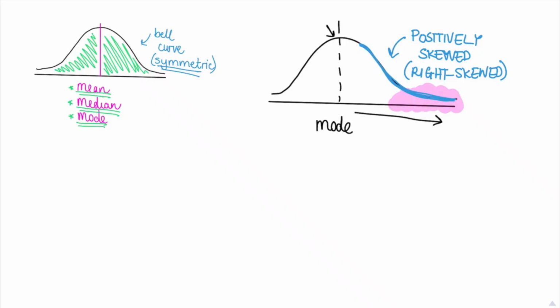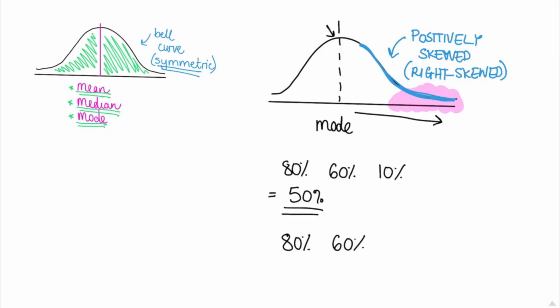You could think about this as a set of test scores. One student in the class might score 80%, another might score 60%, and another student might only score 10%. If we were to average that out, our class average would be 50% for the test. However, if the final score went up to 75%, with the others still 80% and 60%, that brings our class average to 70%.